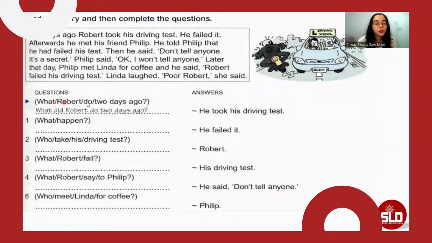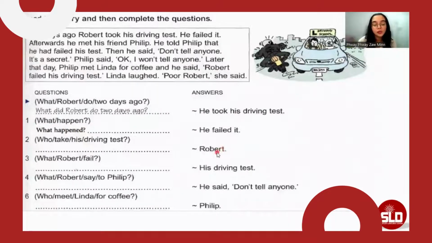So the question words are already here. You just need to complete the question. So what did Robert do 2 days ago? What about he failed it? You need to make a question, what happened? So the question is, what happened?